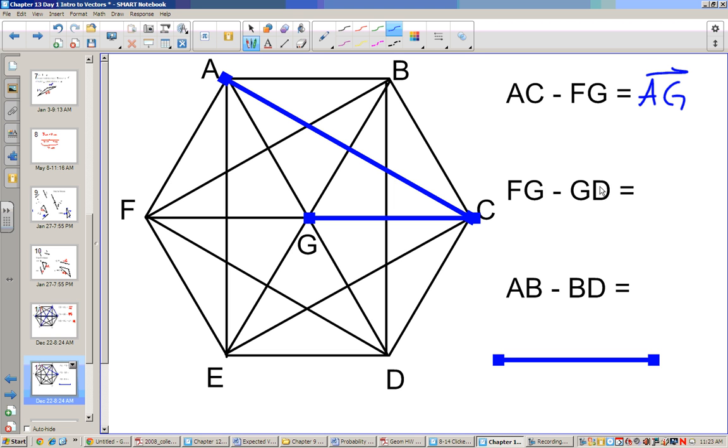Now FG minus GD. FG is here. If I subtract GD, that means I'm going from D to G, which if I put that at the end of this one, it would look like this. So that would go from F to A.